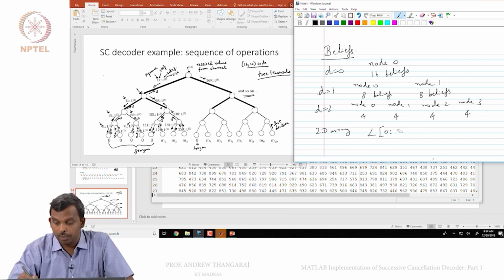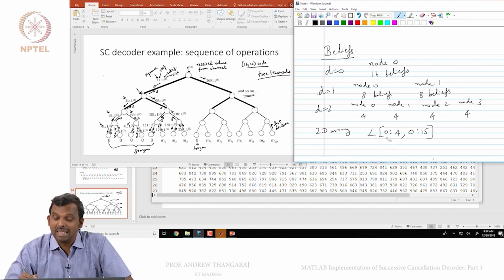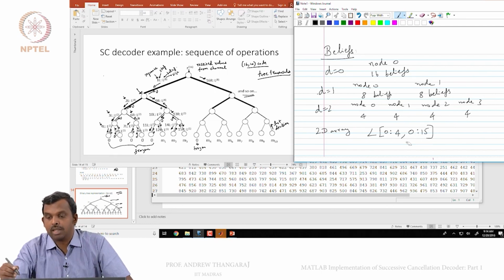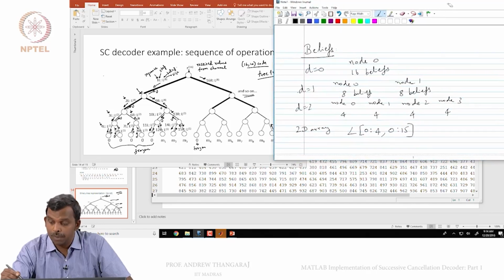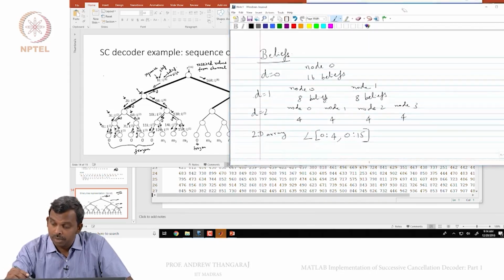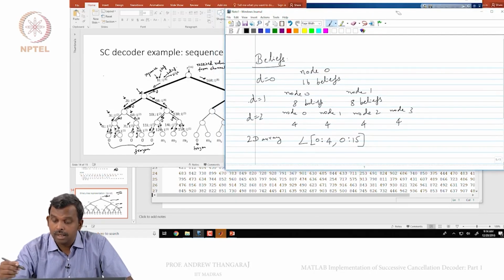So go all the way up to 4, and then 0 colon 15. This will be the 2D array. But remember, I am indexing from 0 here, while MATLAB indexes from 1, so you have to do that minor adjustment. I'll use 0 for now, and you will see later on it's easy to make that adjustment in MATLAB. So I'll have a 2D array which stores all these beliefs.